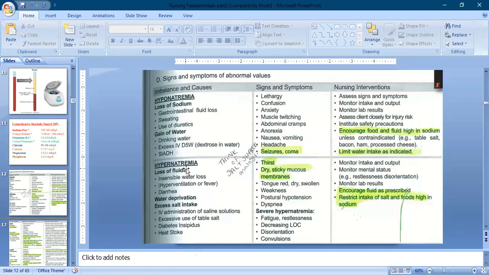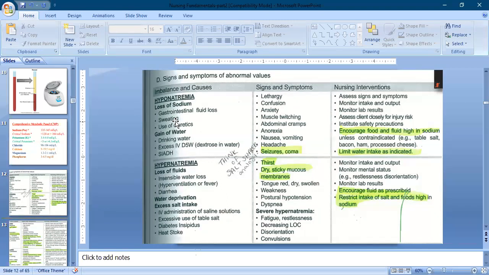So as I told you, when the patient develops hyponatremia, meaning less than 135 milliequivalent per liter sodium, the cause of the loss of sodium may be GI loss or gastrointestinal fluid loss, or kidney disease, or even sweating.